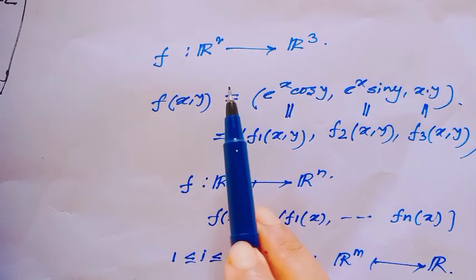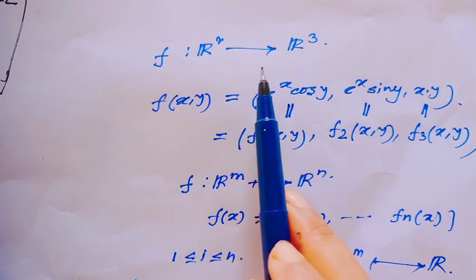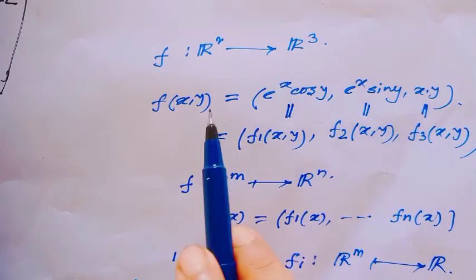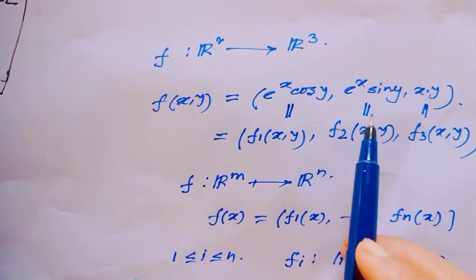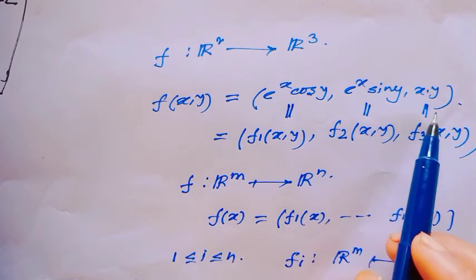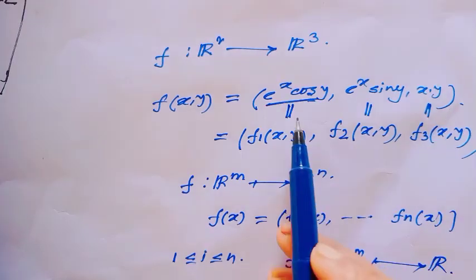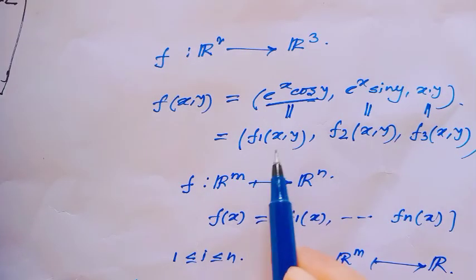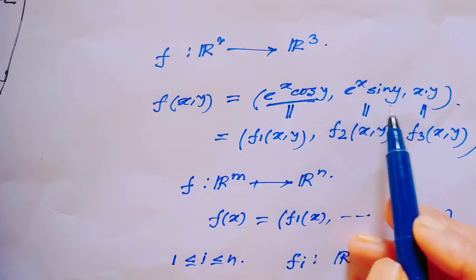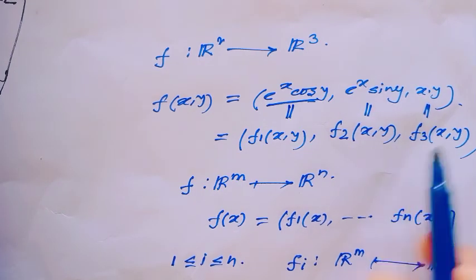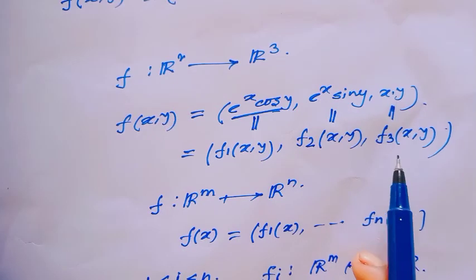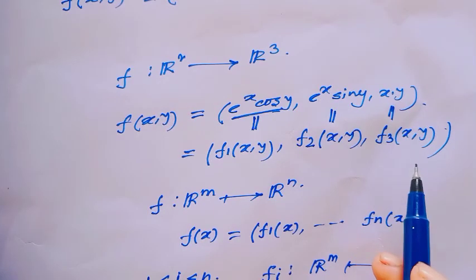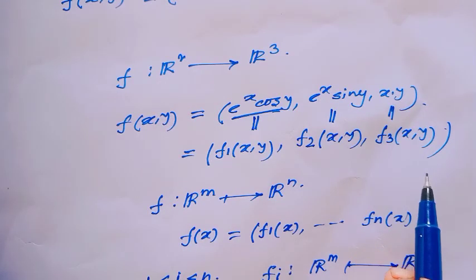Now, consider another type of function f from R2 to R3 such that f of (x, y) equals (e to the power x cos y, e to the power x sin y, xy). Consider this component as f1(x, y), this component as f2(x, y) and this component as f3(x, y). Now I will check, is this function a linear transformation? There exists a rule.